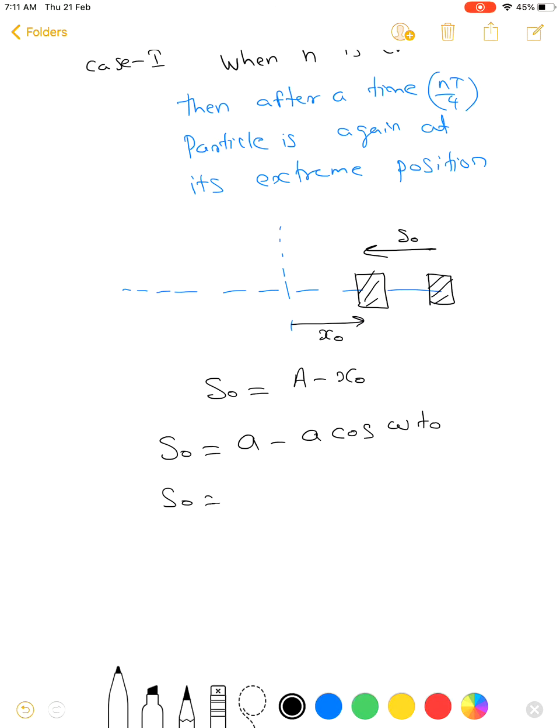So S naught is equal to a minus a cos omega t naught, where omega can be taken as 2 pi divided by T.